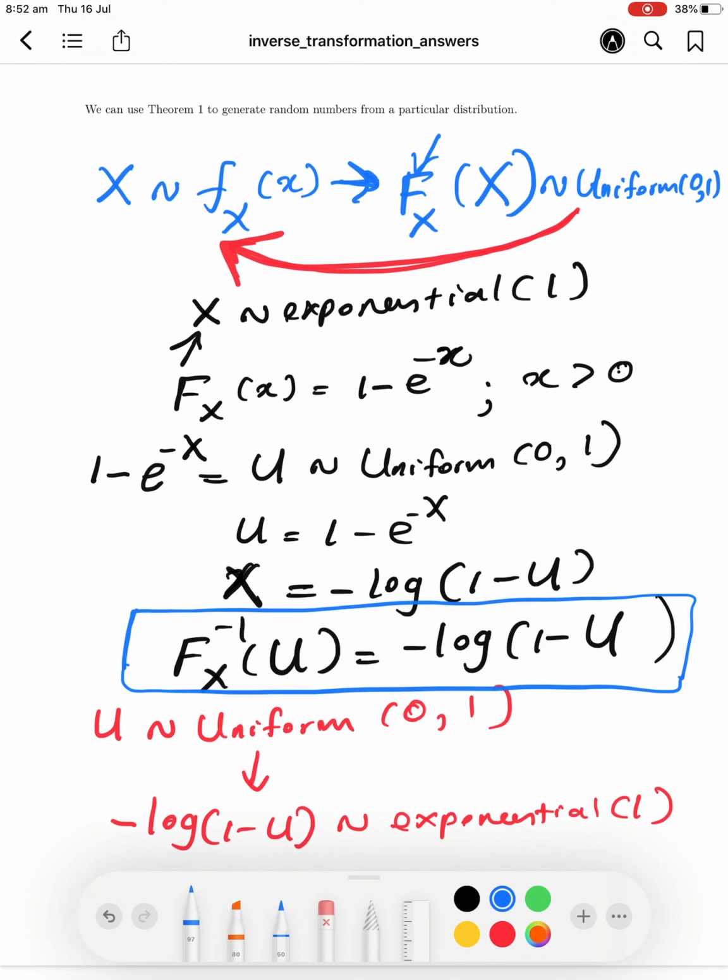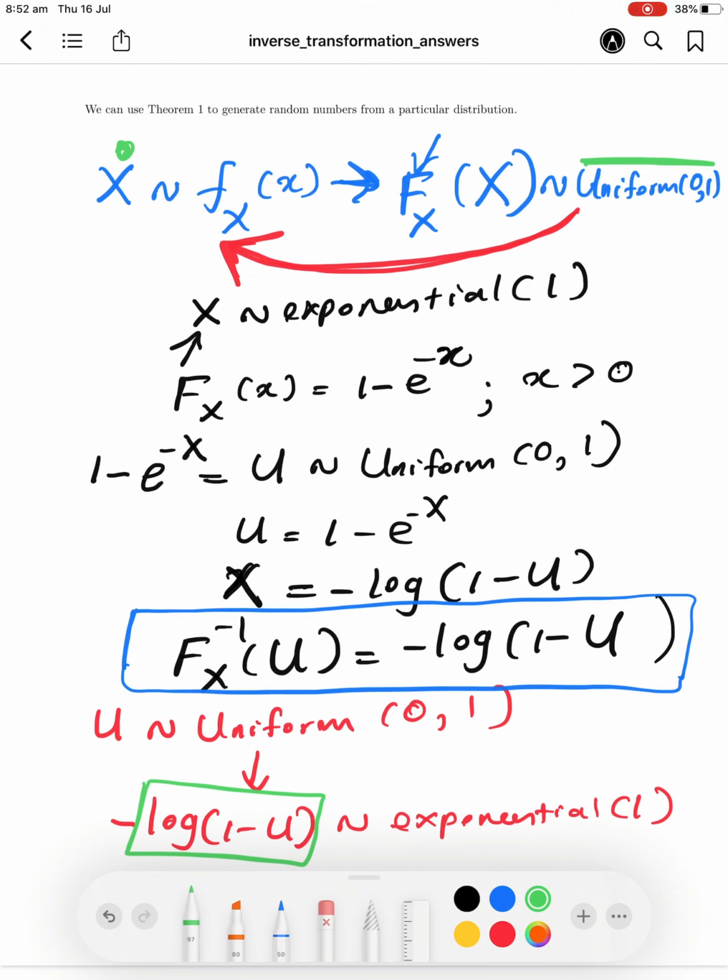So if it is required to generate a random sample from X, then we need to generate random numbers from the uniform 0, 1 distribution and substitute into the equation here.